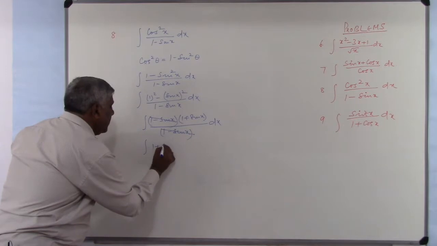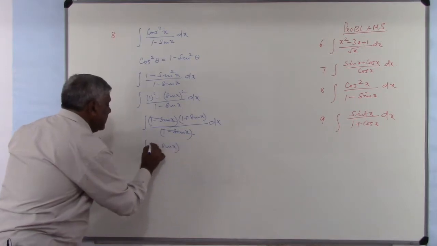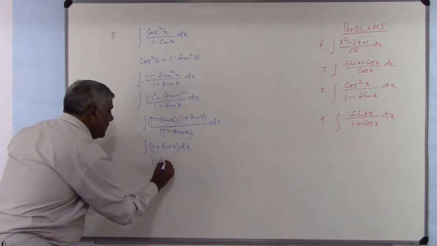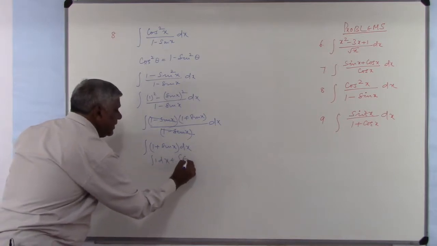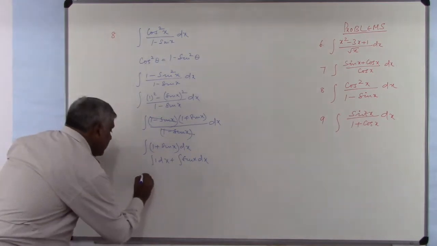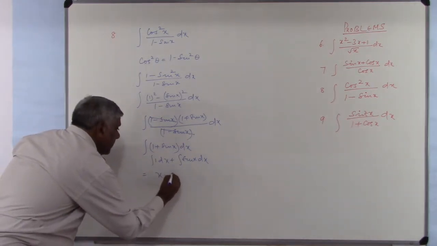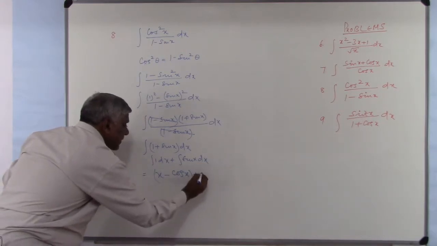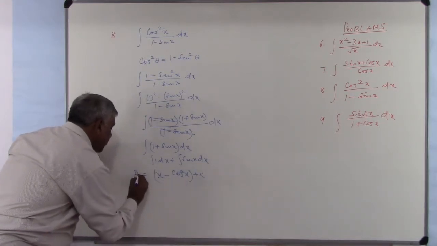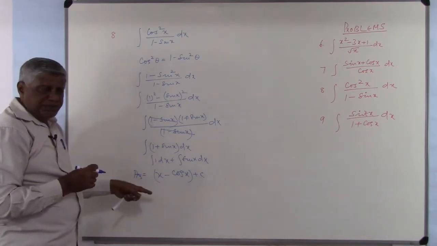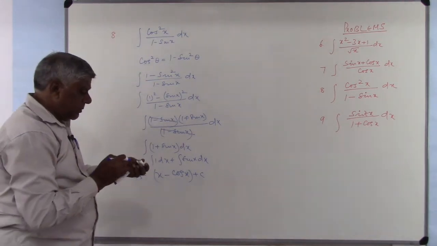Integral of 1 plus sin x into dx, which is equal to 1 into dx plus integral of sin x into dx. This is equal to x minus cos x plus c, which is the answer. So this is the 8th problem. Now we will go to the 9th problem also.